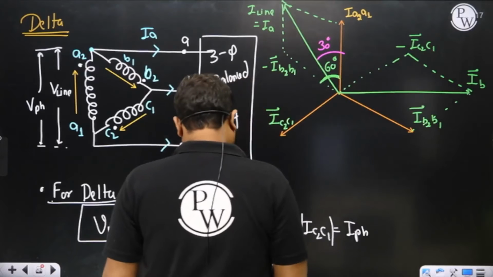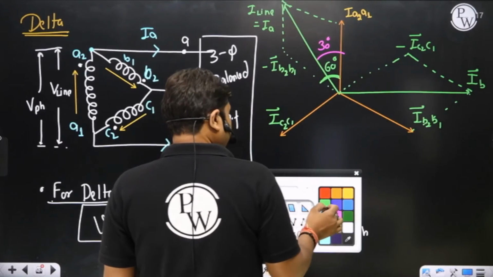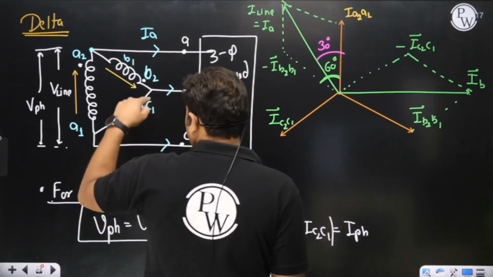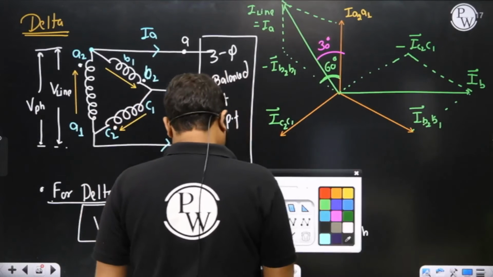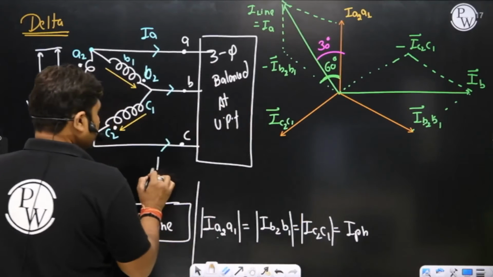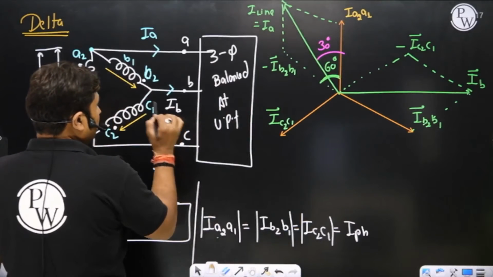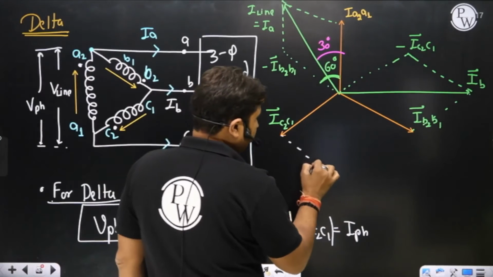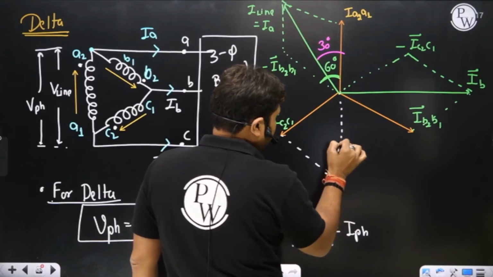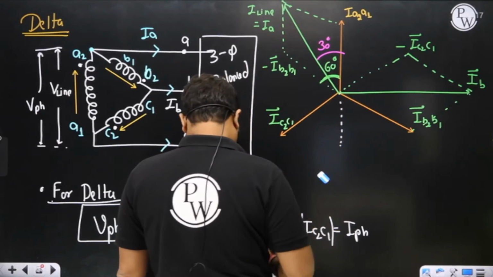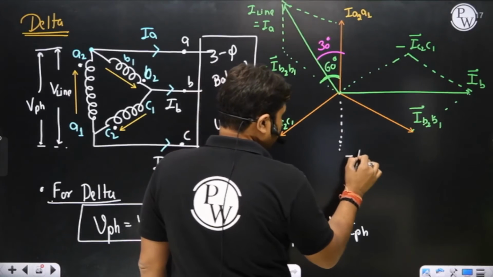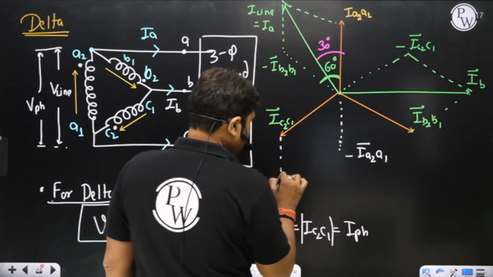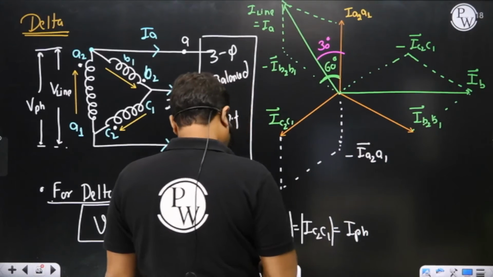And similarly, what is the current IC? The current IC will be IC2C1 minus IA2A1. It can be clearly observed. This will be the line current.